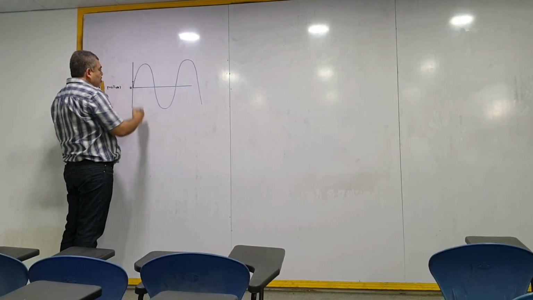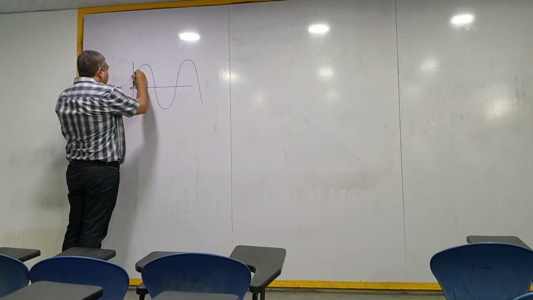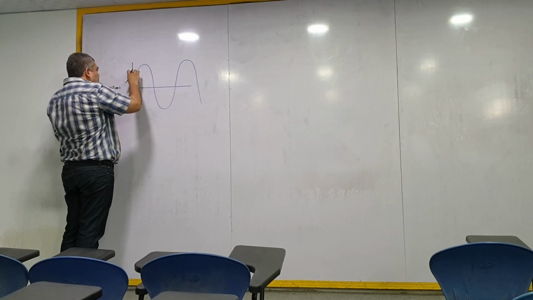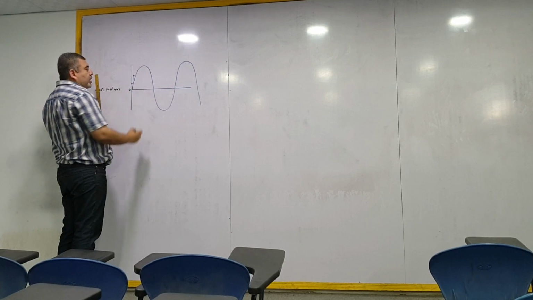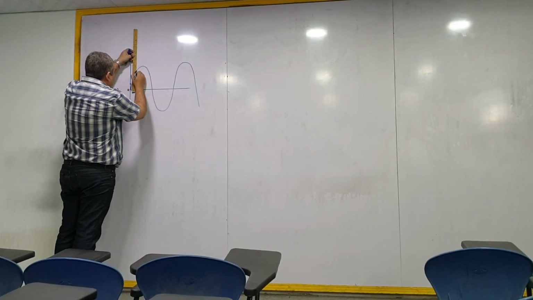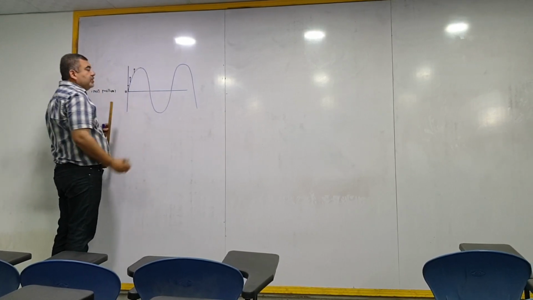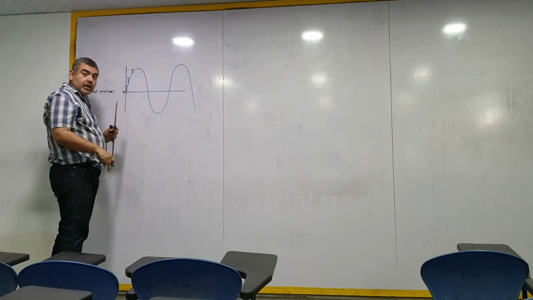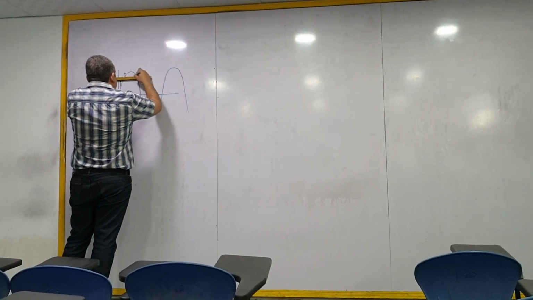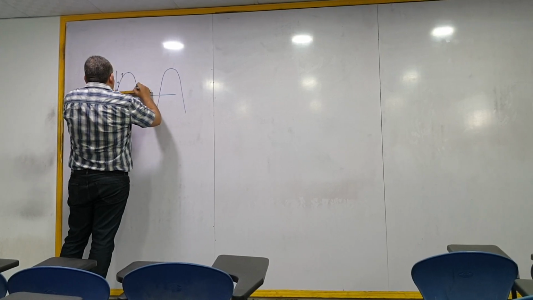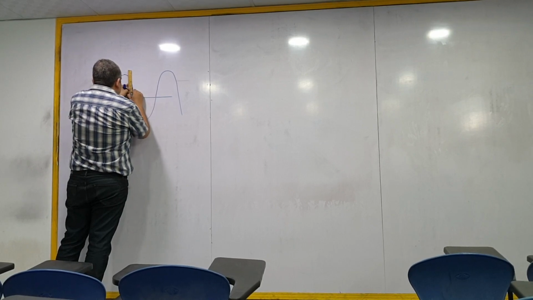When that particle shifts to this point, velocity decreases a bit, so we shrink the arrow a little. When the particle moves to this point, velocity decreases more. And at this point, it's 0 because it comes to rest. And when they come to mean position again, at the same distance, they have the same velocities, but the direction changes like this.